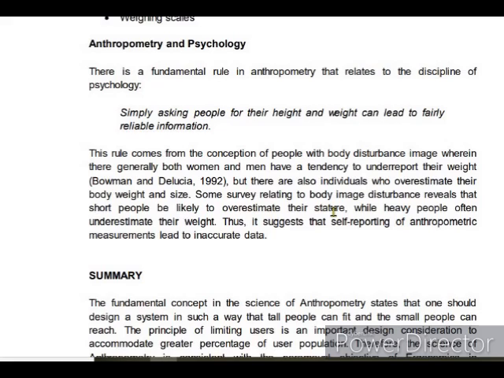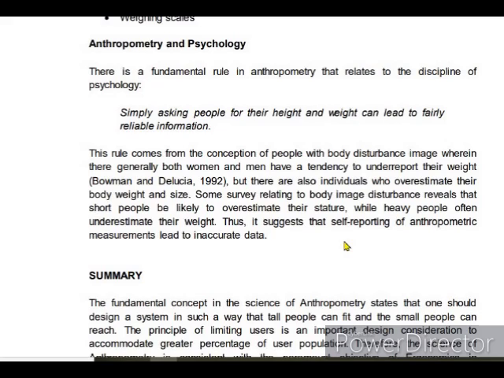Some surveys relating to body image disturbance reveal that short people are likely to misreport their stature, while heavy people often underestimate their weight. If you have a user that is overweight, he or she tends to report a lighter weight.